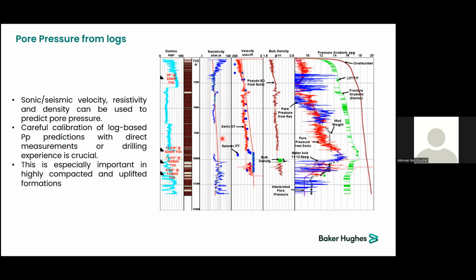So what we do is put what we call a compaction trend line, for example for velocity, density or resistivity curves, and if the variations translate into higher porosity, it means this higher porosity is due to an overpressure relative to the normal hydrostatic pressure.